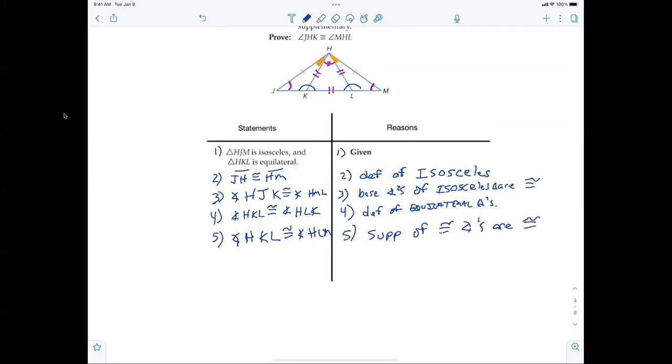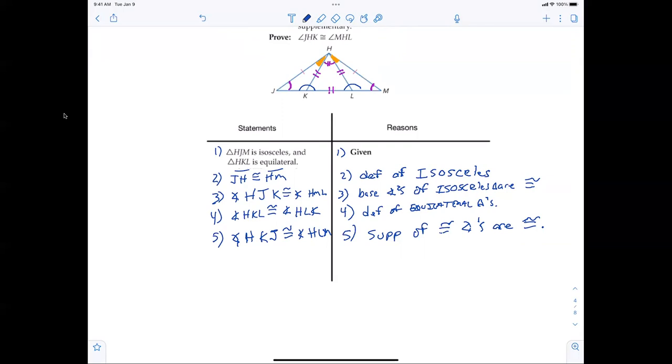HLM is congruent to HKJ, sorry. Thank you very much. HKJ. Does everybody see that? HKJ and HLM are congruent because supplements of congruent angles are congruent. Everybody's good now?